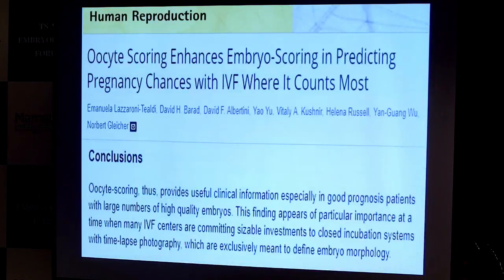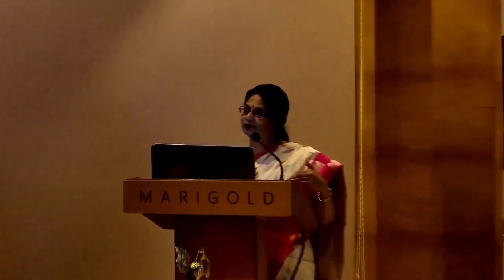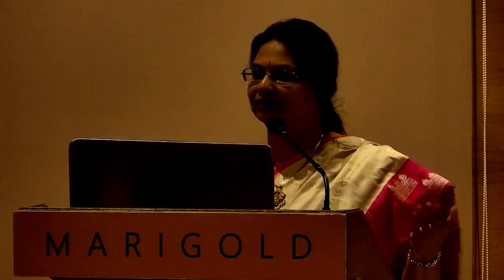So several papers show us the usefulness of this basic evaluation that we all do so quickly every day. And putting things together with the embryo morphology gives you better control.